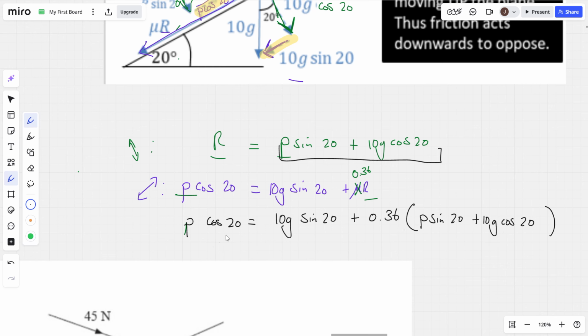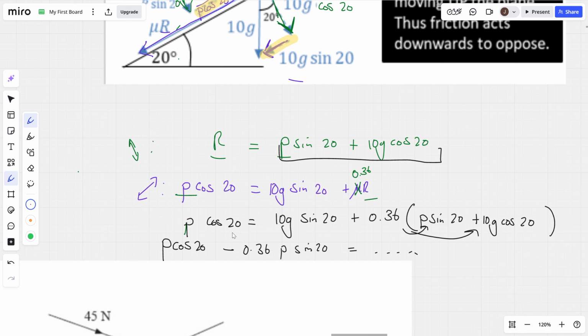And eventually you're going to get the things with P on both sides. So you're going to say P cos 20. When you've expanded this out, okay, you will then move it over to the side. So you'll say minus 0.36 P sine 20 equals blah, blah, blah.